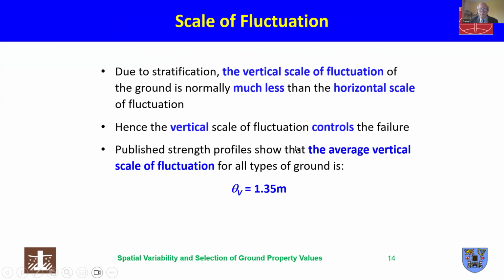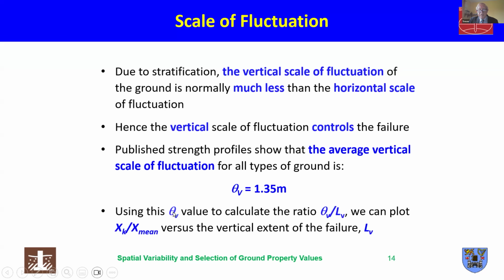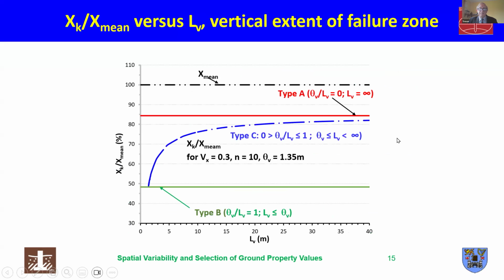And published strength profiles show that the average vertical scale of fluctuation for all types of ground is about theta v equal to 1.35 meters. Using this theta v value to calculate the sensitivity index, theta v over Lv, we can plot the ratio of the characteristic to the mean value versus the vertical extent of the failure, Lv. And you get the plot there.